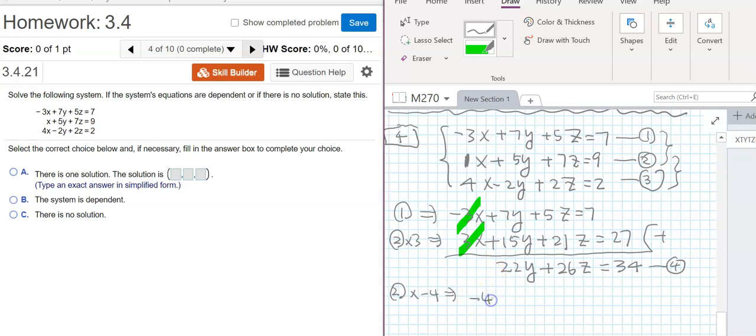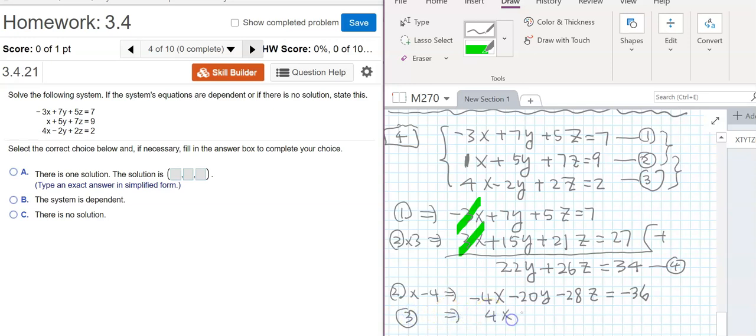So negative 4x minus 20y minus 28z is negative 36. I just multiplied the second equation by negative 4. And I'm going to write equation 3 underneath.